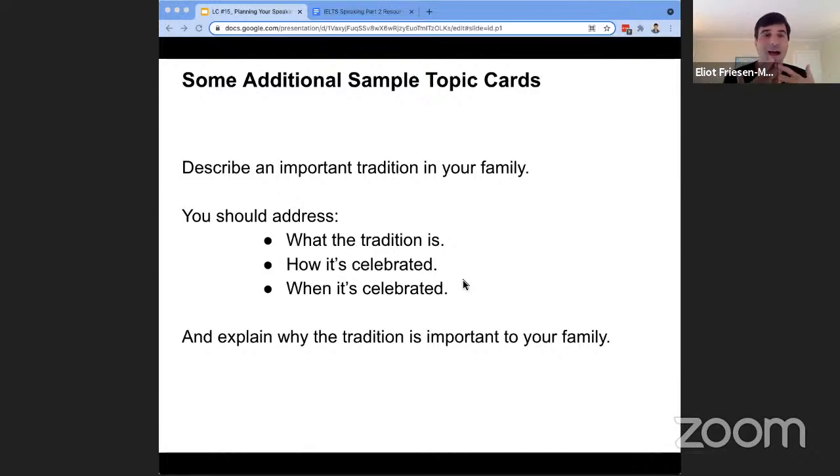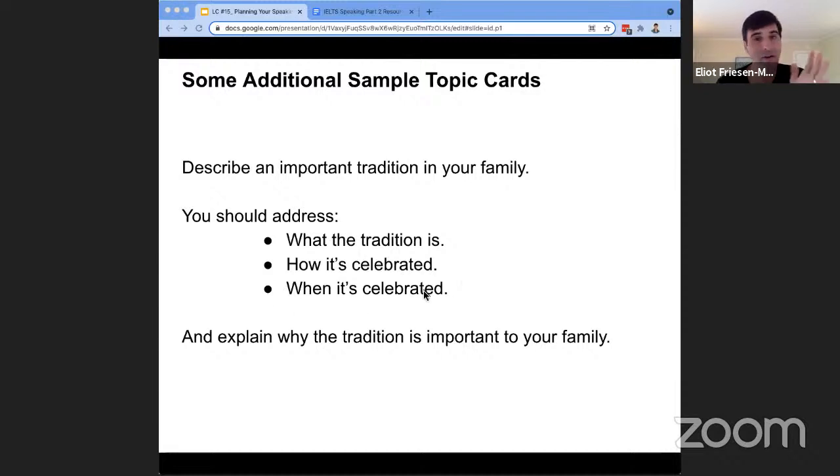Thanksgiving is a holiday that's an important tradition in my family. I could name that for the first bullet point, but then if I say how it's celebrated, now I've got to talk a little bit about it: we have a big meal, family travels from all over to come, we eat particular foods. You could mention a couple of details quickly about these.